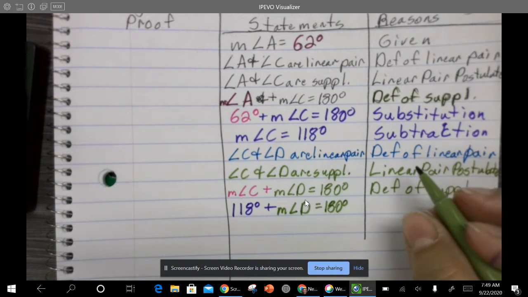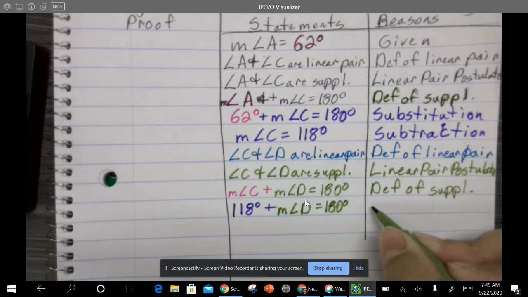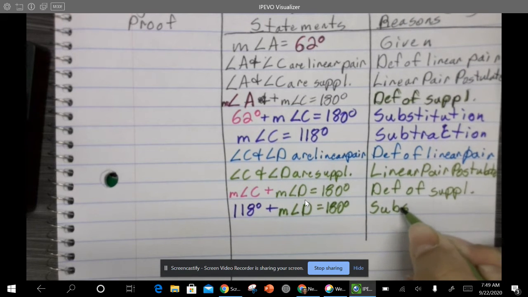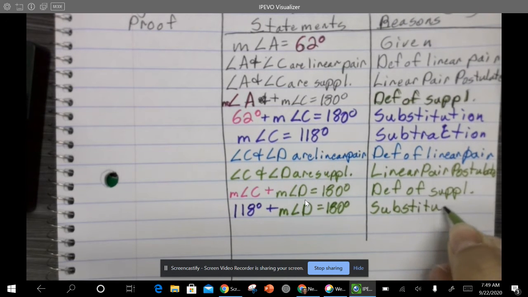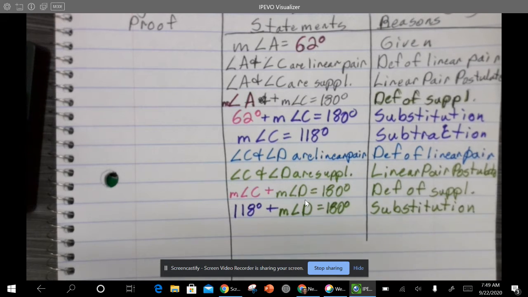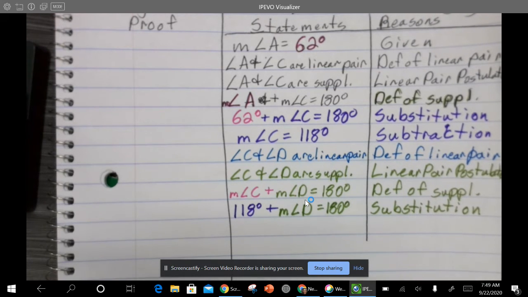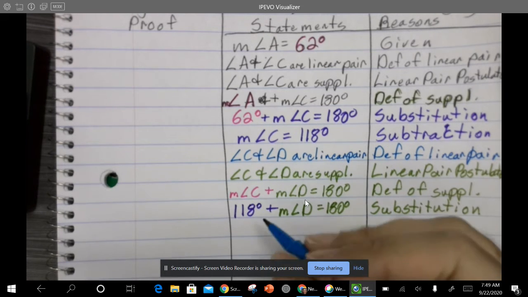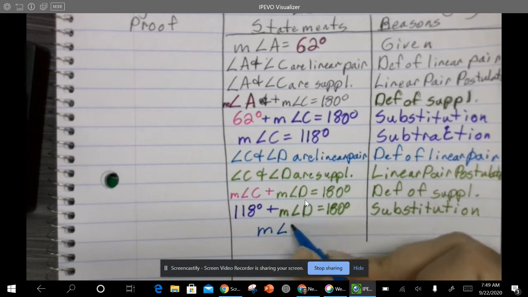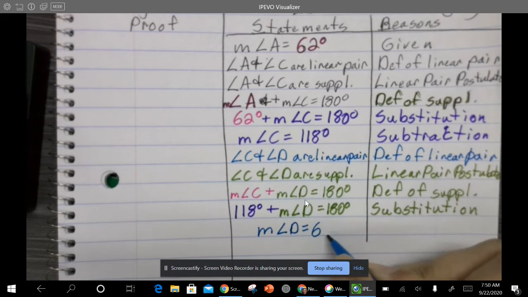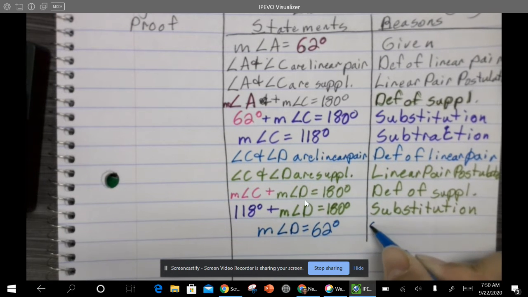So that would be substitution. And then we're going to subtract 118 from each side. So we're going to get the measure of angle D is 62 degrees. And we use our subtraction property of equality.